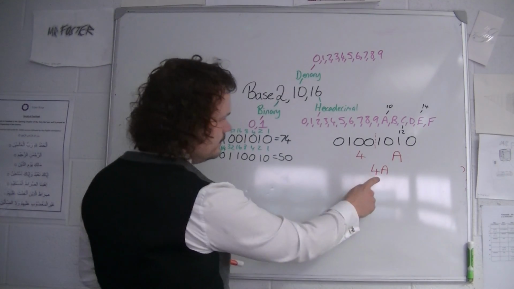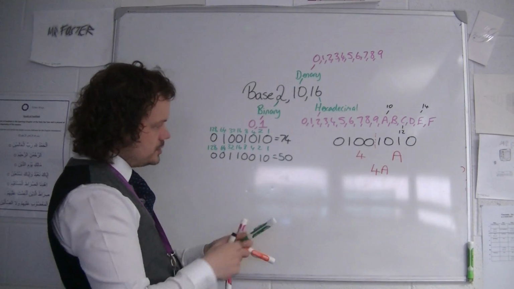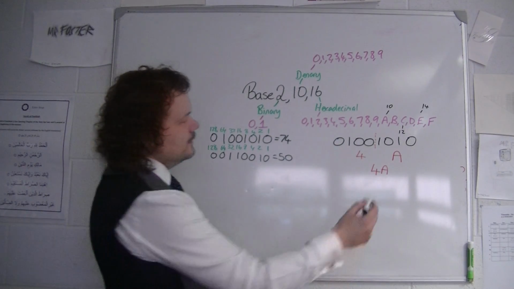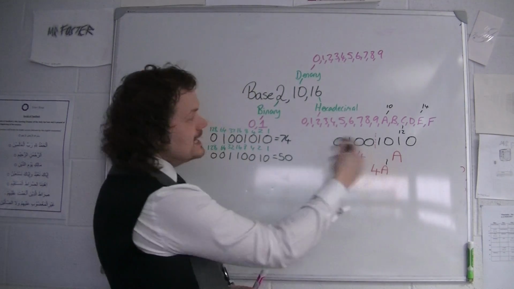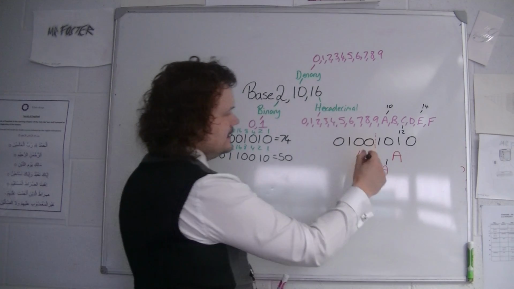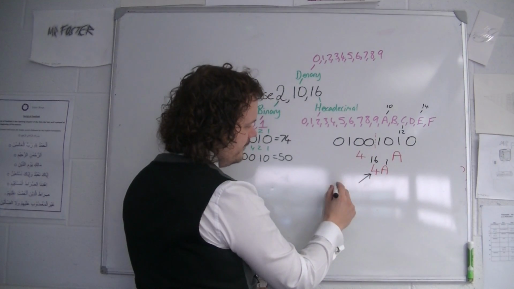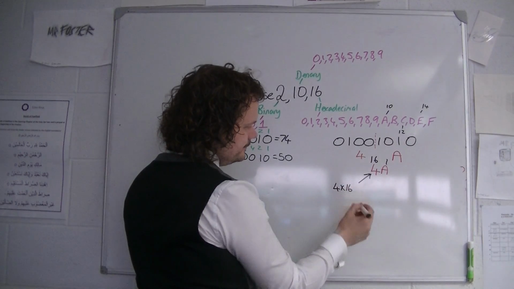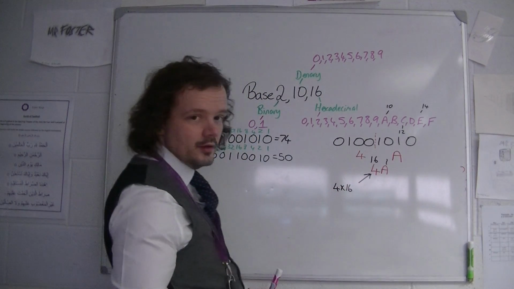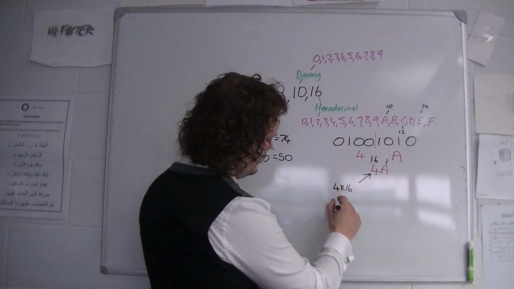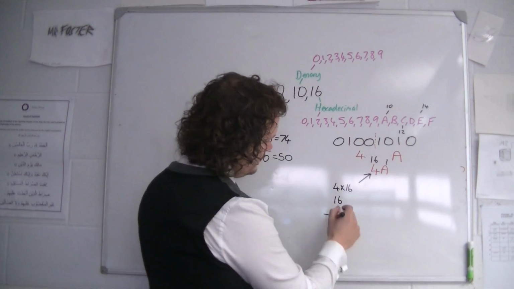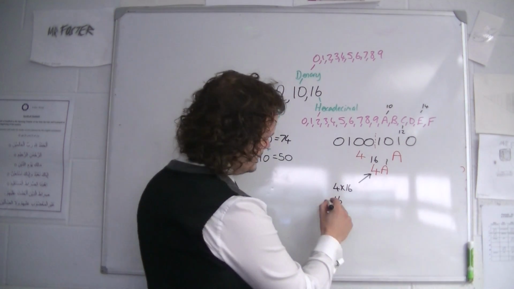Let's convert that number now back to base 10. So, because this is base 16, we've got our units column, and the next one along, 1 times 16, is the 16 column. So this number here is really worth 4 times 16. Okay, now I'm not going to do that in my head and get it wrong, so I'll just quickly do that. So 4 times 6, 6, 12, 18, 24.